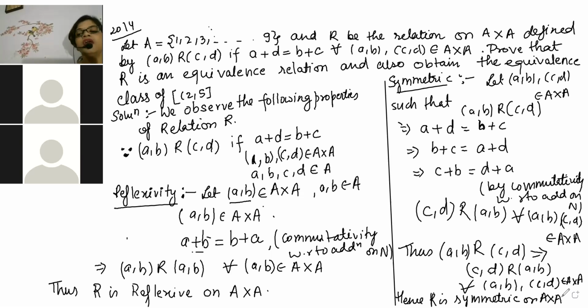Only what you have to do here, beta, is apply commutativity with respect to addition. First, shift left to right, right to left, because in an equation, left side is equal to right side. After that, beta, apply commutativity, the order will reverse, and then one of the orders will be reversed again, and then you have to pick first with fourth, second with third.